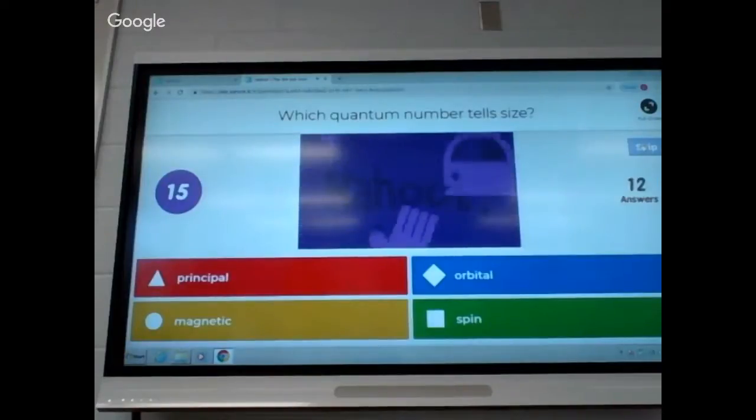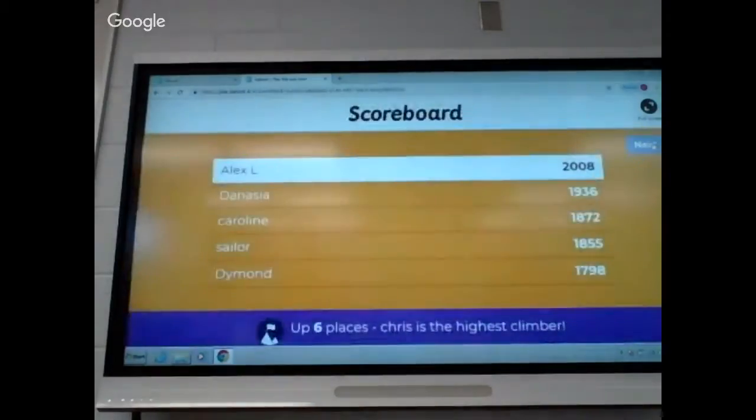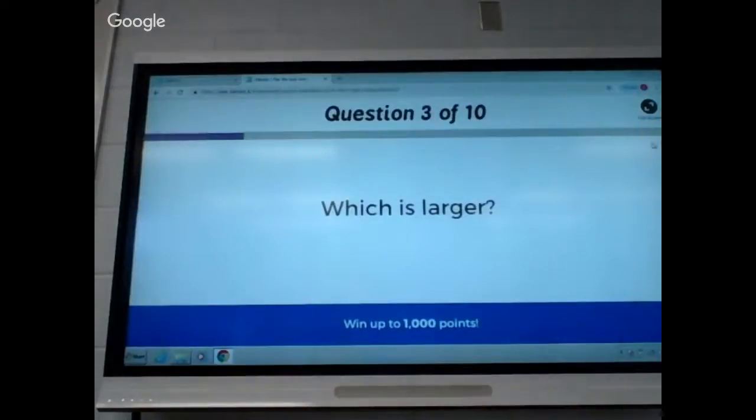Which quantum number tells size? Principal tells size. Which is larger?